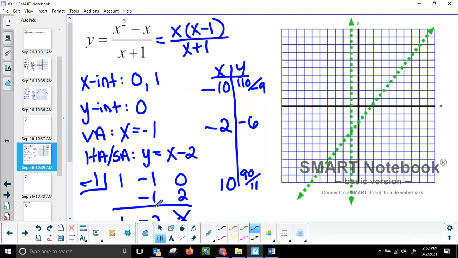Now we can put our points on here. So we have x-intercepts at 0 and 1, y-intercept at 0. We have -10, 110 over -9. So that's -10, -11 point something, so somewhere down in here. We have -2, -6. Let's see, -11 would actually be -9, -12, -13.